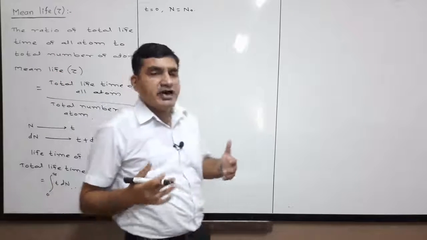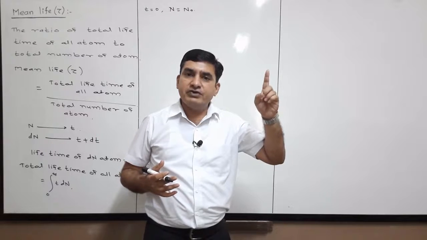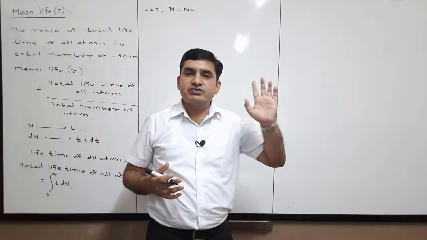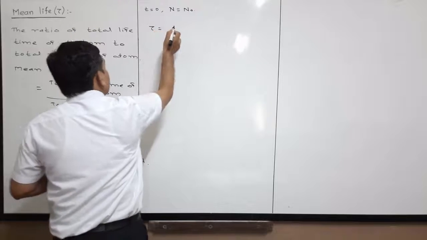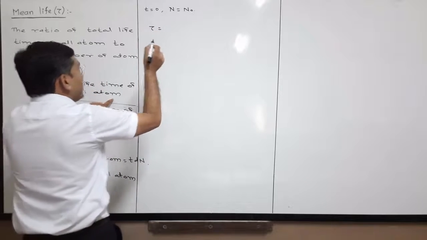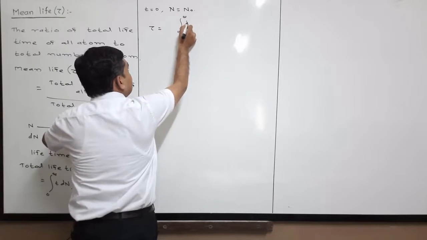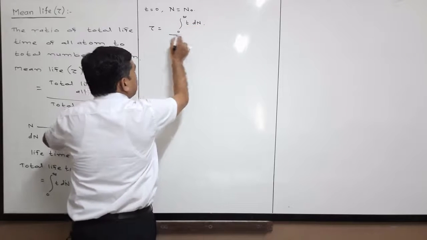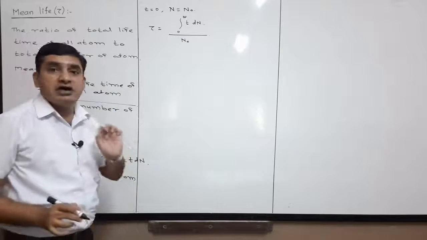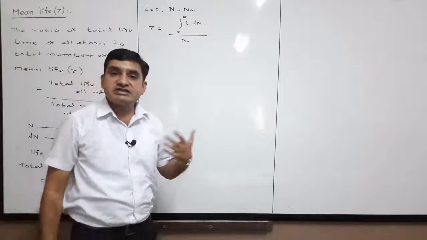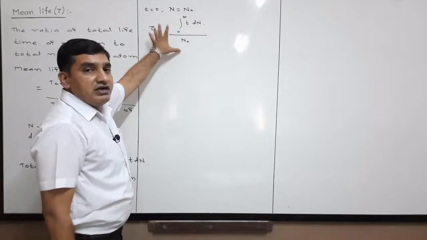The disintegration of radioactive nuclei starts from t equal to 0, and therefore we can say that tau is equal to the total lifetime of all atoms, the integration from 0 to infinity of t into dN, divided by N0. Okay, and therefore we can write like this.